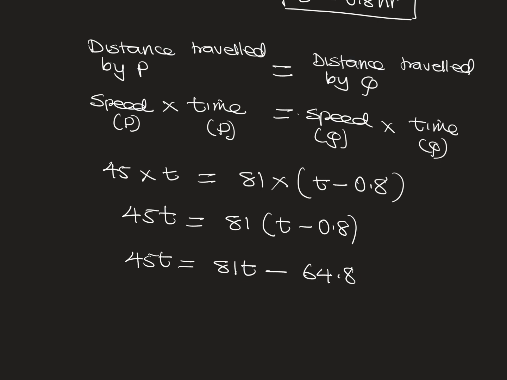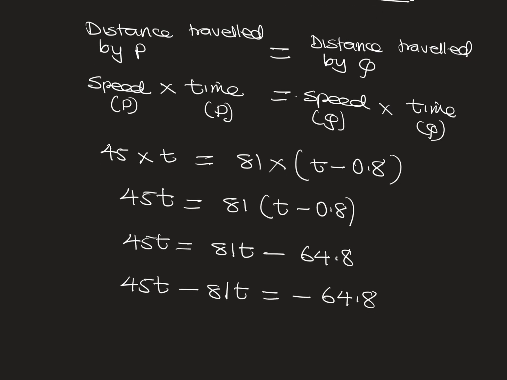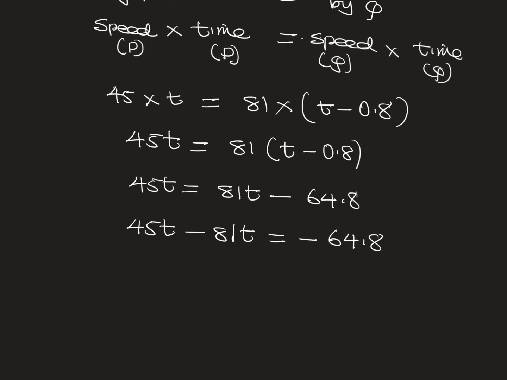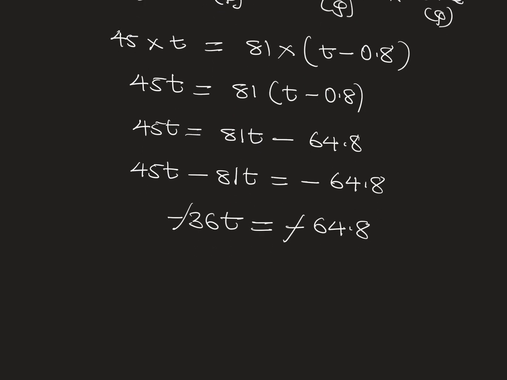So to collect like terms, we'll have 45T minus 81T is equal to minus 64.8. 45 minus 81 gives minus 36. So that will be minus 36T is equal to minus 64.8. Negative signs will cancel. So 36T is equal to 64.8.